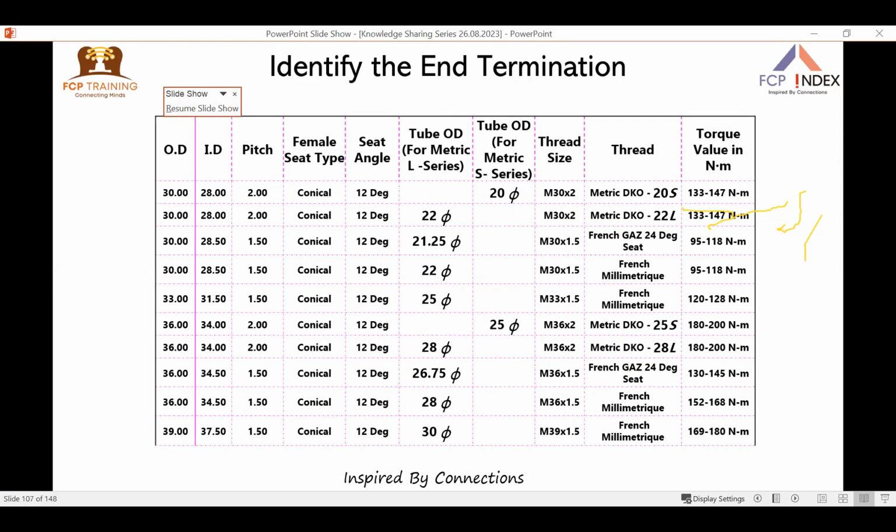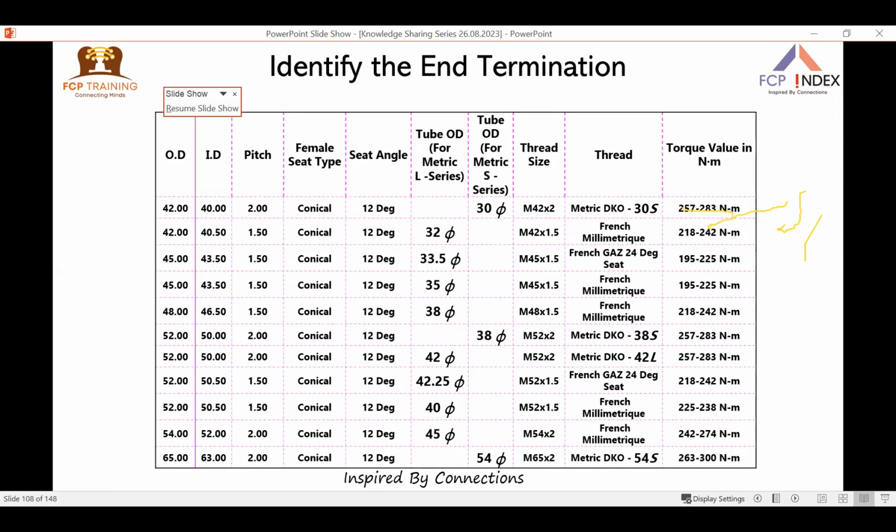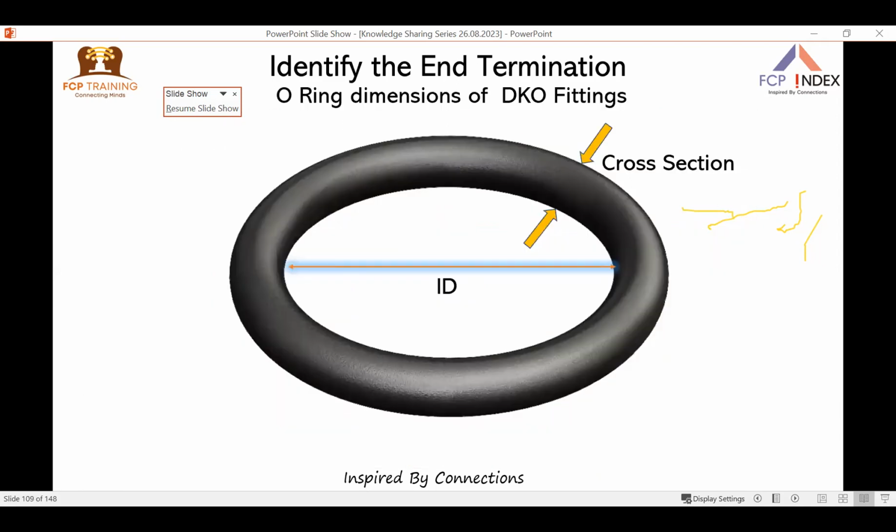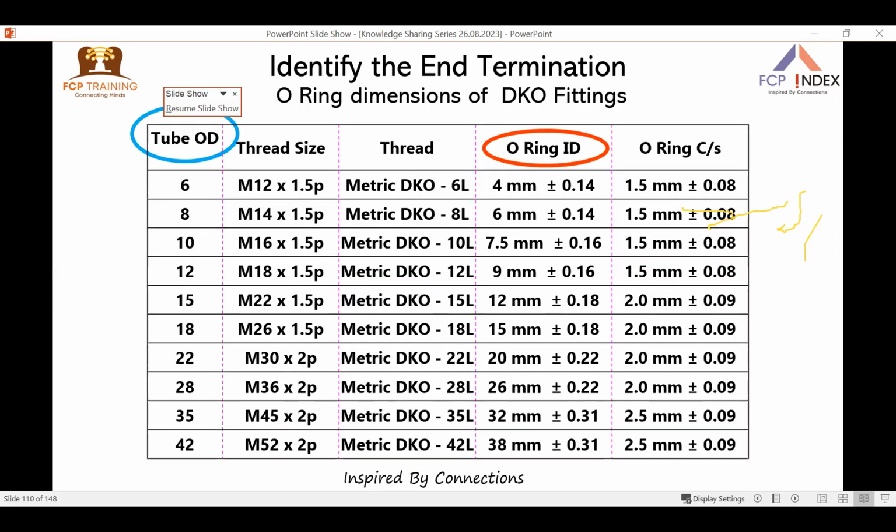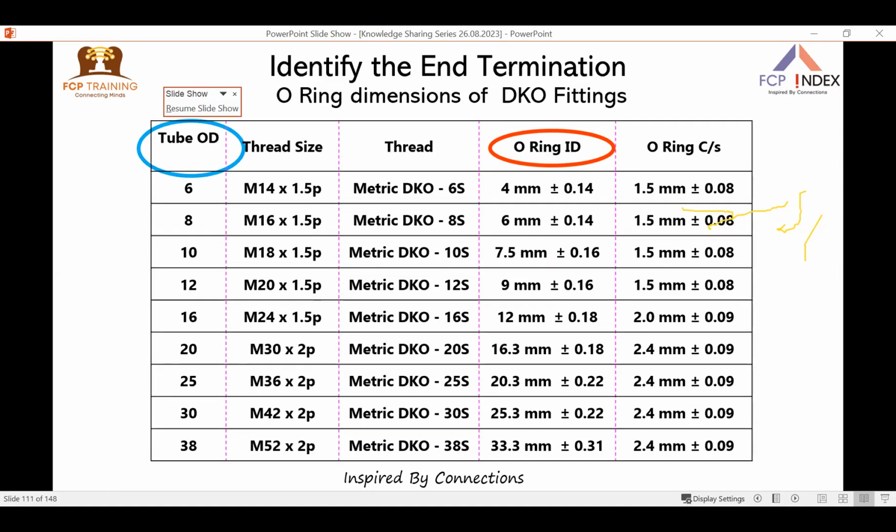This is from 30 to 39. This is from 42 to 65. The O-ring here is also 80 hardness in durometer, 80 plus or minus 5. This is the O-ring standard for the regular light series, DKL series, and this is for the DKS series.